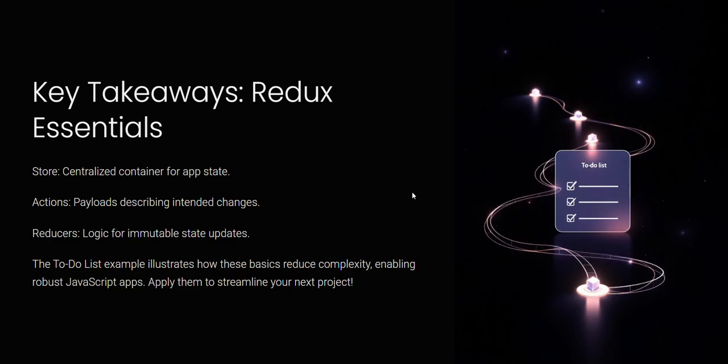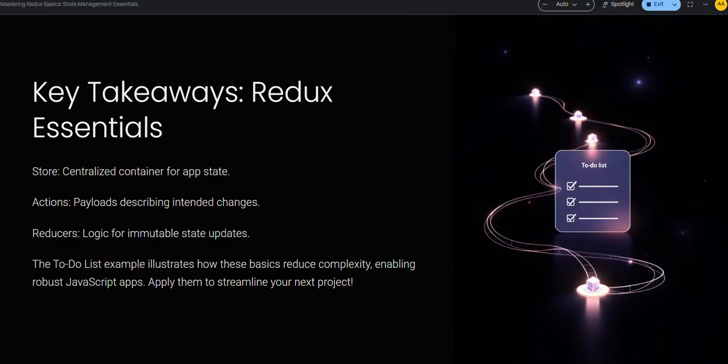Apply them to streamline your next project. Using Redux provides many benefits: predictable state updates, centralized management, and easier debugging. By understanding and mastering these basics, these are the topics in Redux basics.